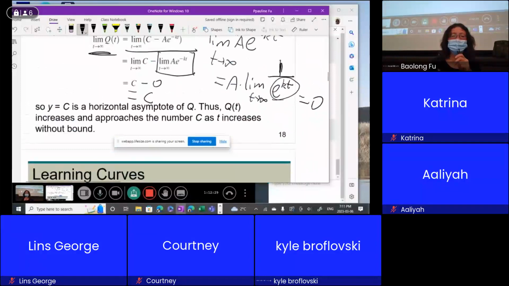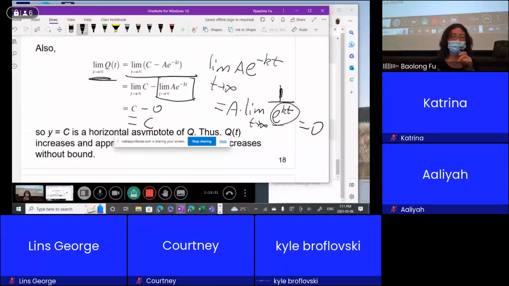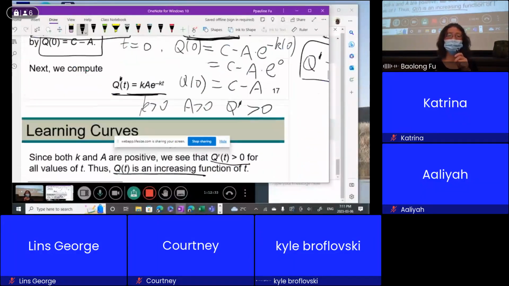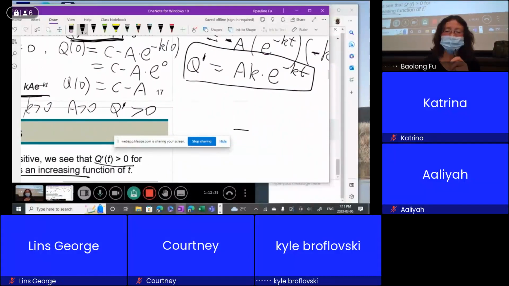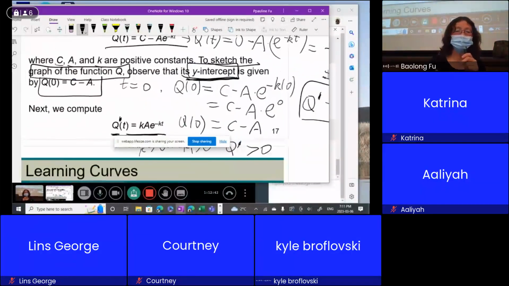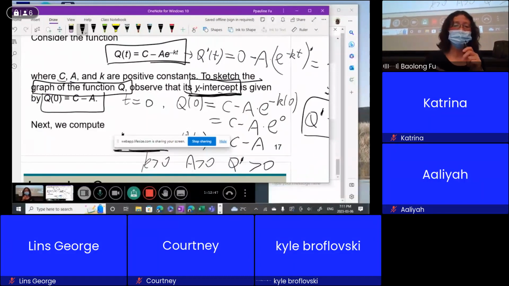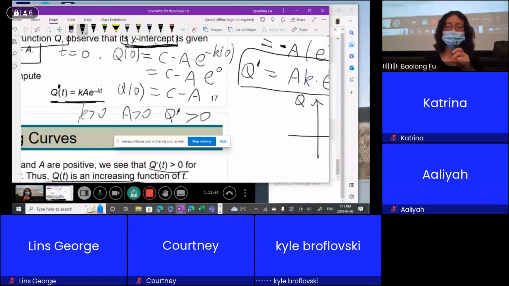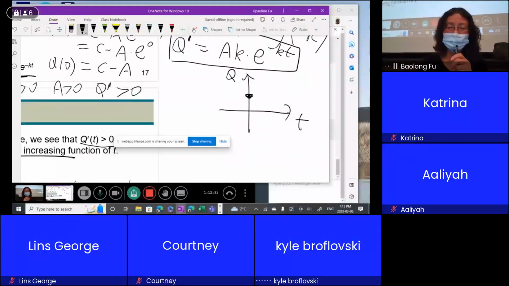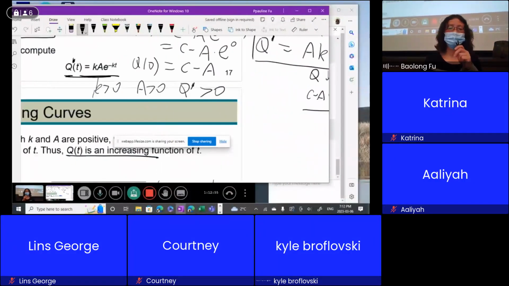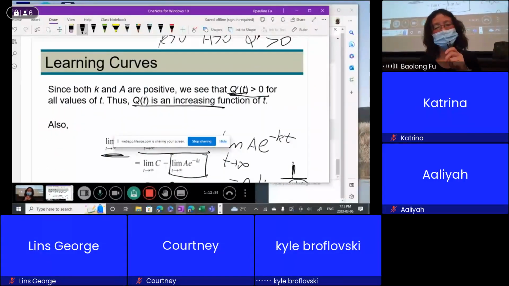Okay. And now we can sketch the graph of Q of t. So how? This is t, this is Q. How do I sketch the graph of this one? First, the y-intercept is C minus A. This point is the y-intercept, C minus A. Next, the derivative of Q is greater than 0, so it is increasing.